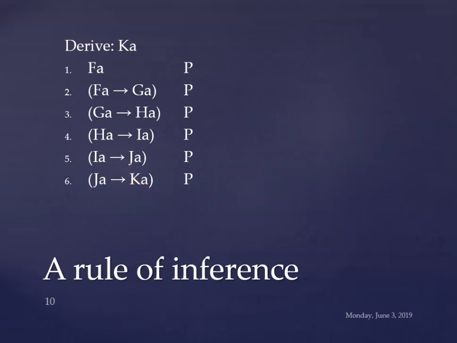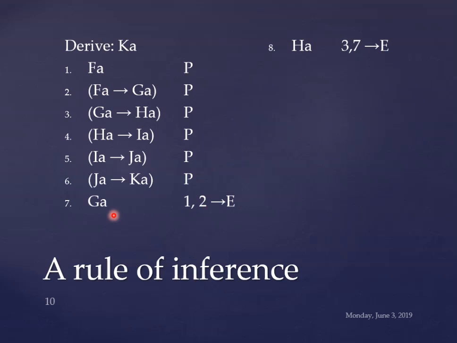What I'm going to do is apply the rule of arrow elimination to lines 1 and 2, which allows me to write down Ga. Notice that I'm citing the two lines I got this from, lines 1 and 2, and how I got it: arrow elimination.